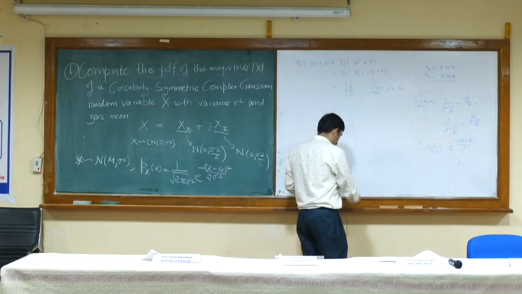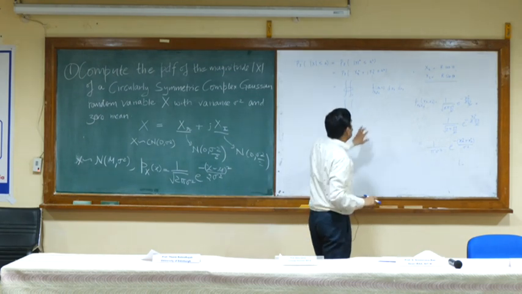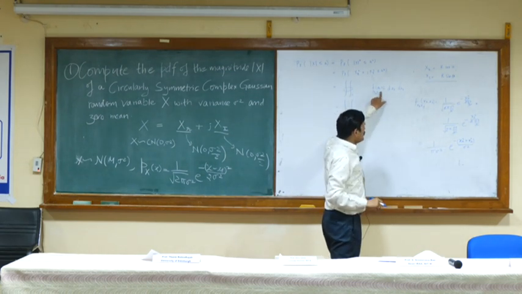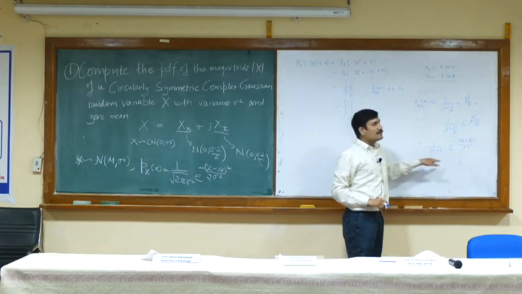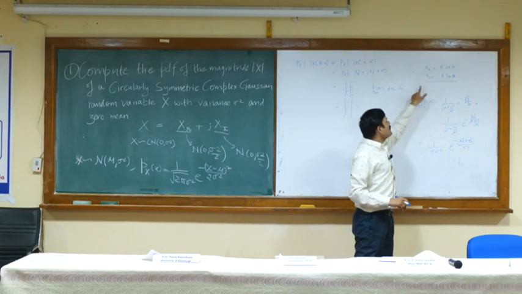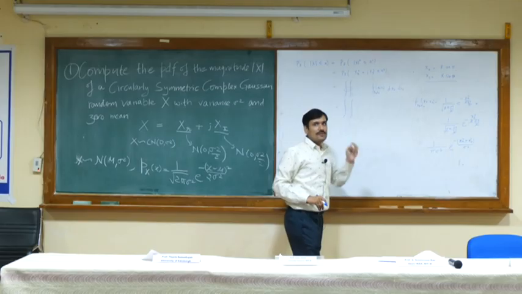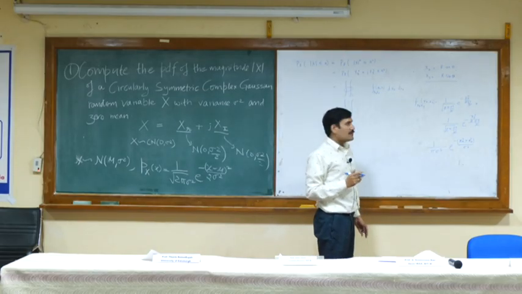Now if I convert, so here I will write this expression. And we have dxr and dxi. Now I want to convert this variable into r and theta. So what will I do? I have to take the Jacobian.